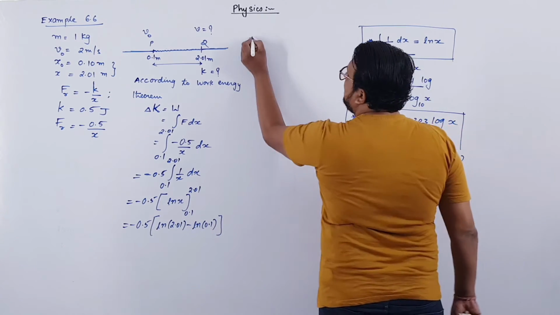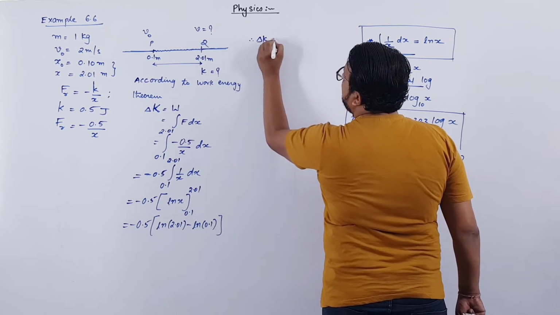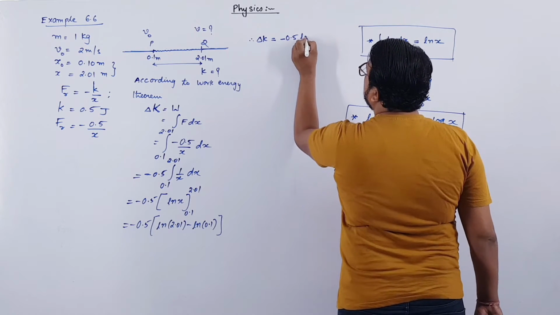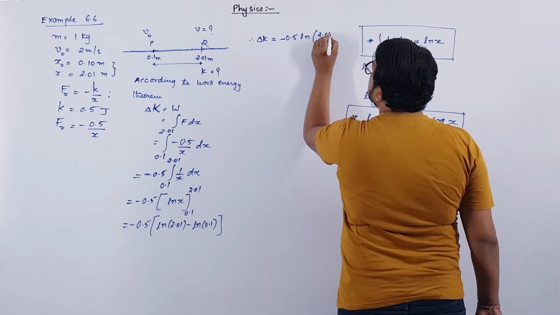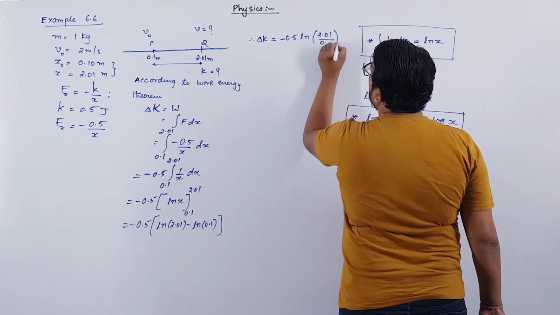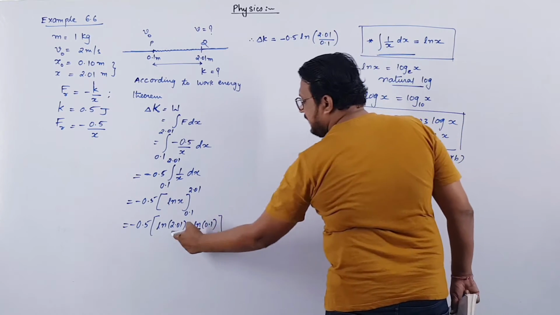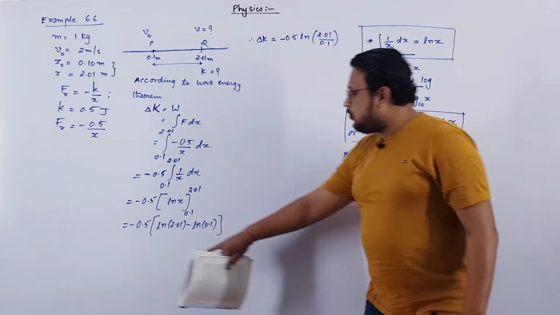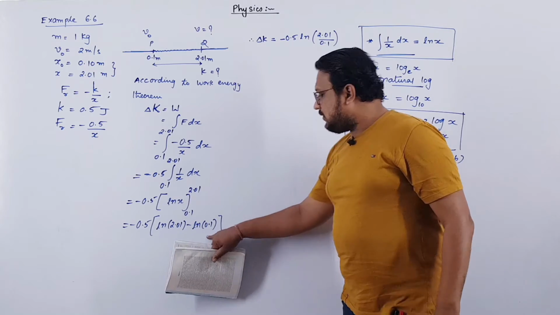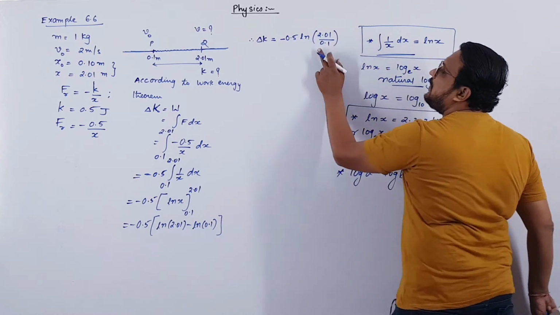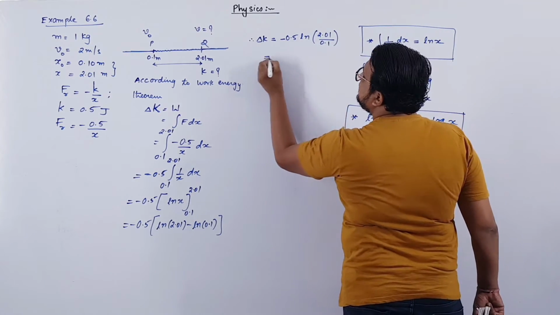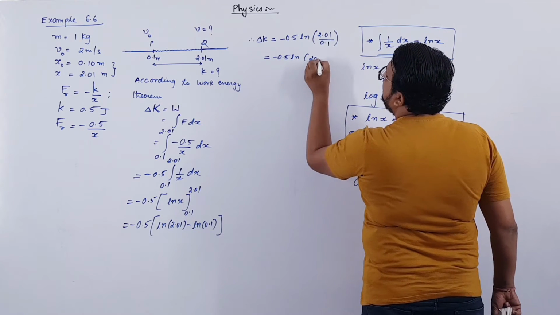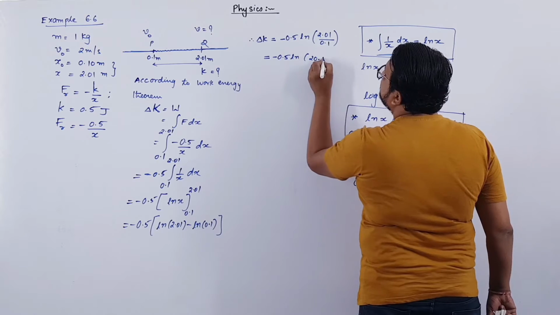Therefore you can write delta K equals minus 0.5 into ln 2.01 divided by 0.1. Log a minus log b is log of a by b. So here we have log 2.01 minus log 0.1, that is log 2.01 divided by 0.1. So this is equal to minus 0.5 log of 20.1.